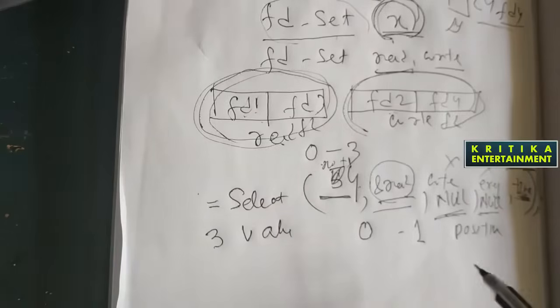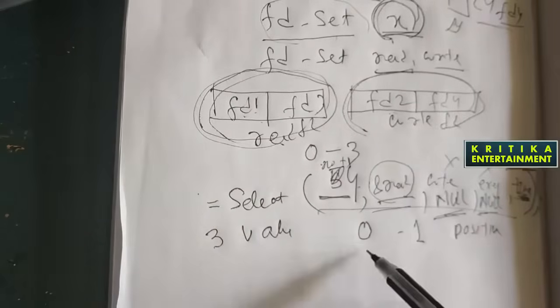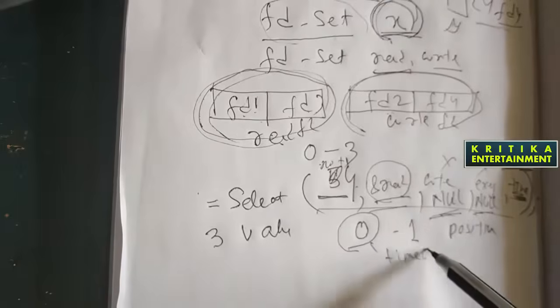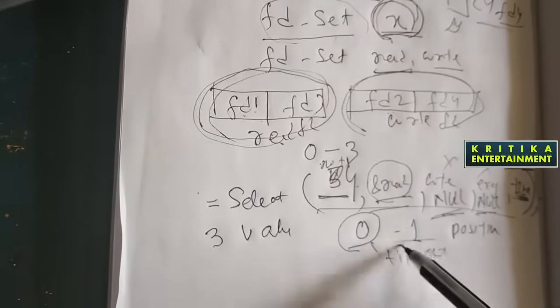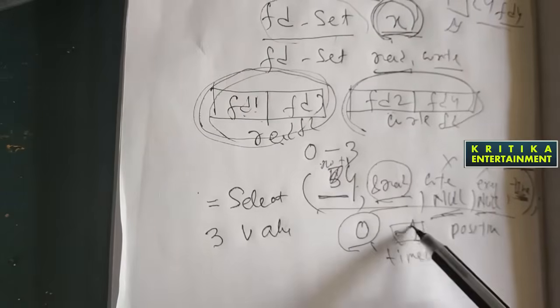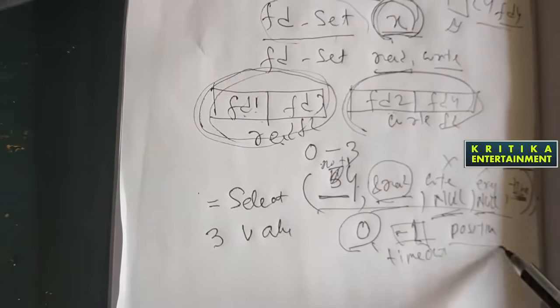That time it will be a timeout, so it returns 0. -1 means that if the select function returns an error, that is called -1.